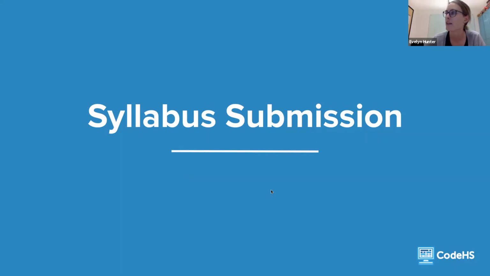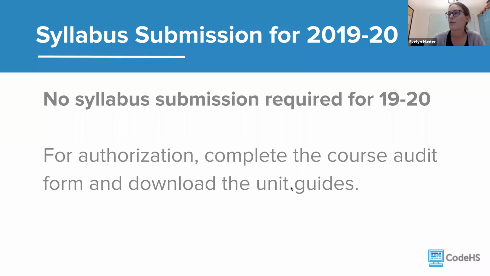So I'll be talking about syllabus submission because this is a bit of a special case this year. Because CSA is one of the courses that has an updated course exam description, you do not need to complete the syllabus submission for this school year, 2019 to 2020. For authorization to offer the course, you just need to complete the course audit form and then download the unit guide.